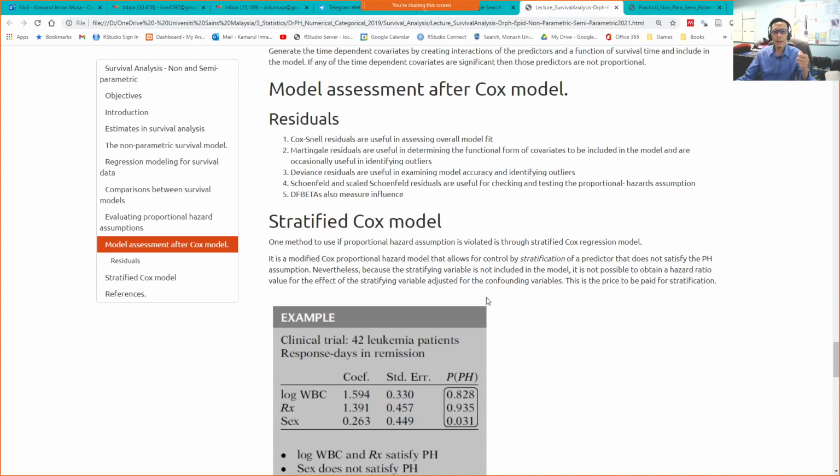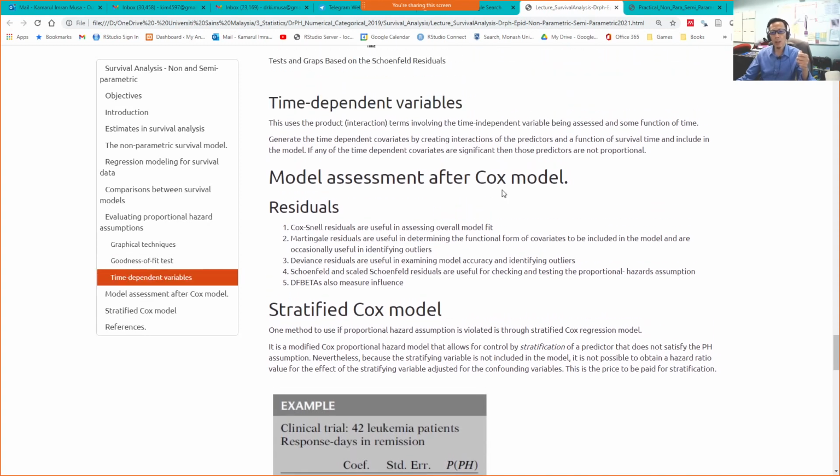If you want to assess a Cox model, very briefly, you look at the Cox-Snell residuals, the martingale residuals, the deviance residuals, Schoenfeld and scaled Schoenfeld residuals, and also the dfbeta. We don't have time to go into this, but every model has to be assessed and evaluated.